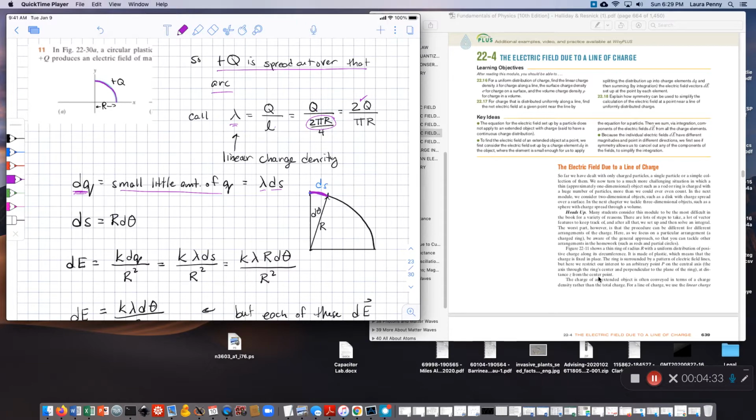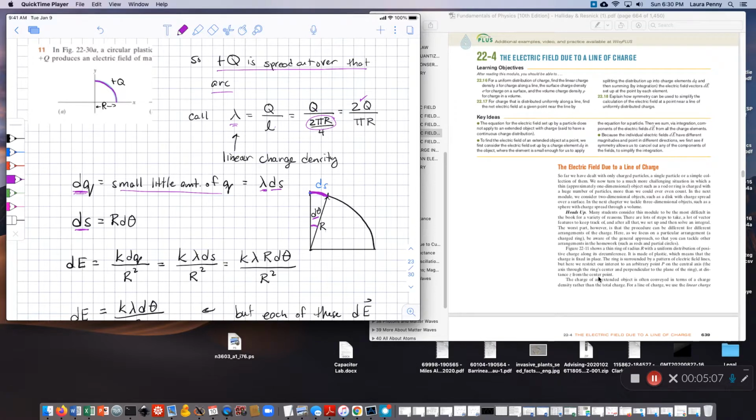Instead of s, we call it ds. Instead of q, we have dq. So this is the little amount of charge, and I quantify it as lambda times ds. Now, ds itself is the arc length, which is R, the radius, times d theta, the amount of angle that's there.